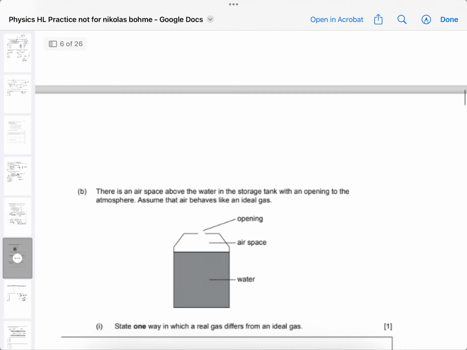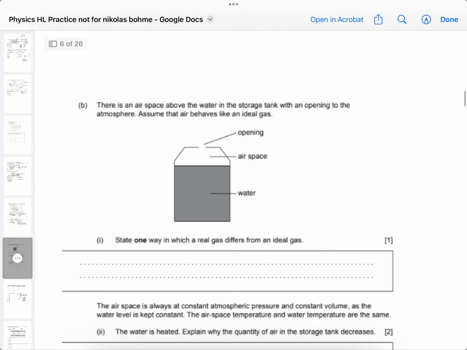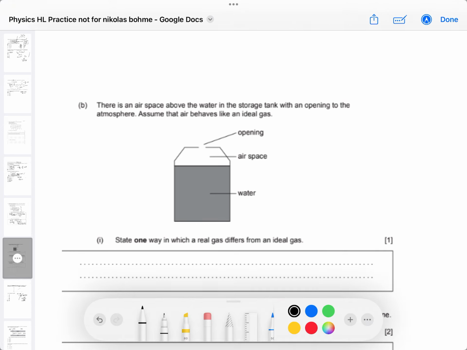So now part C says there is an airspace above the water in the storage tank with an opening to the atmosphere. Assume that the air behaves like an ideal gas. State one way in which a real gas differs from an ideal gas. A real gas has intermolecular forces between the particles, so there'll be attractive forces between the particles.